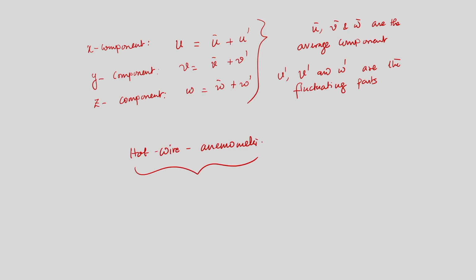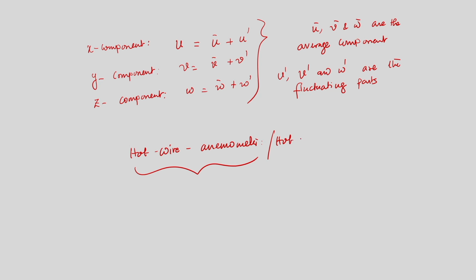So, this hot wire anemometer that we have discussed in the context of thermal anemometry, either hot wire or hot film anemometer, these two methods are very useful for turbulence measurements.